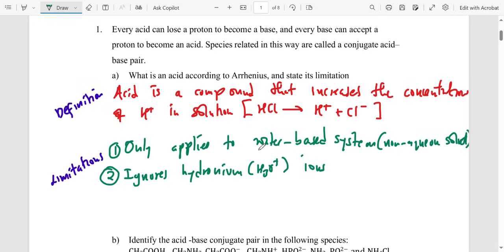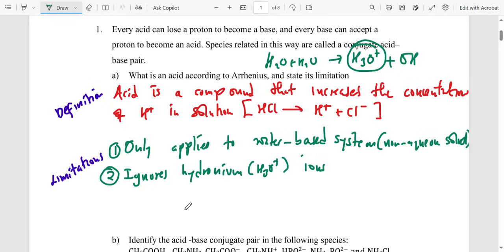It ignores these ions because sometimes water will react with another water molecule, H2O plus H2O, and you produce H3O plus because one water acts as a proton donor. The one that has donated will now remain with hydroxide. So compounds that increase hydronium, you don't account for them. We're only accounting for the hydrogen ions.